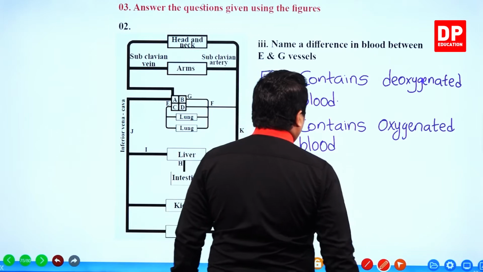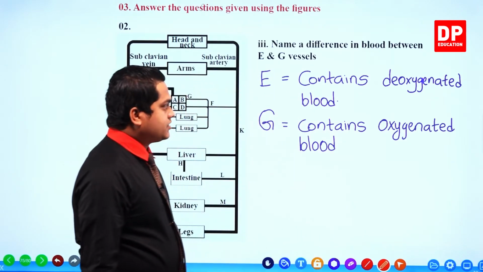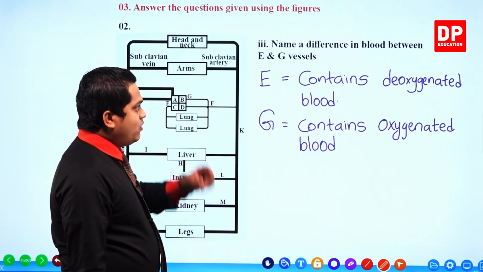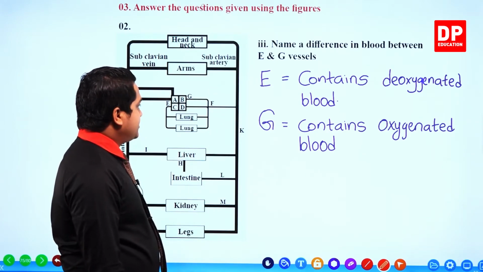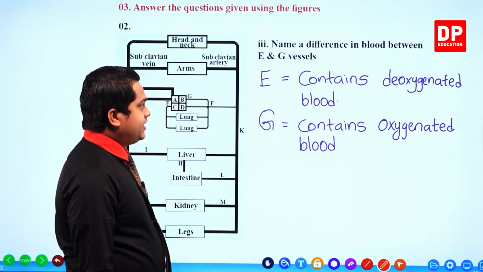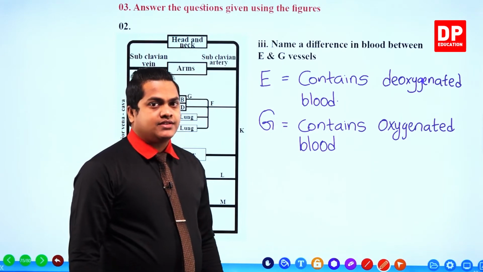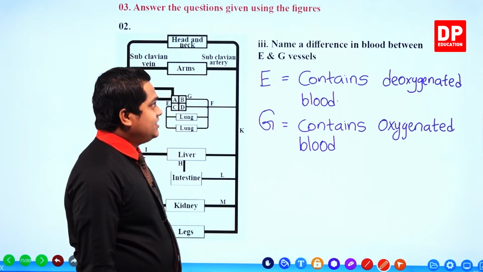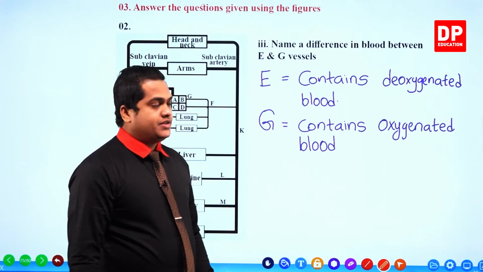As it is the pulmonary vein, it contains oxygenated blood. Above one is the pulmonary artery, so it contains deoxygenated blood. Okay, that's the difference between E and G vessels, right?